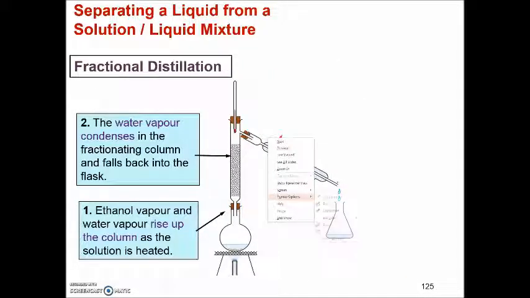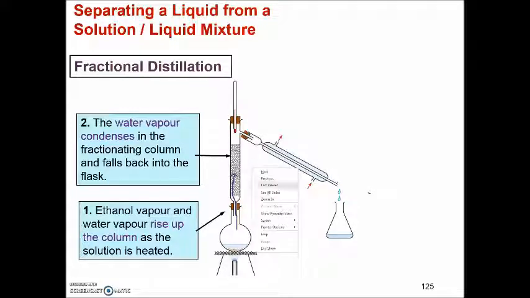So take for example that we are trying to separate ethanol and water. So let's say we have water, which I've represented with the purple arrow. It will rise up the fractionating column. And let's say we have ethanol, which I'll represent with the red arrow, which also rises up as it is heated.